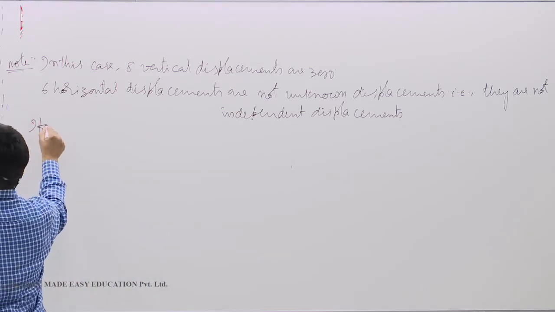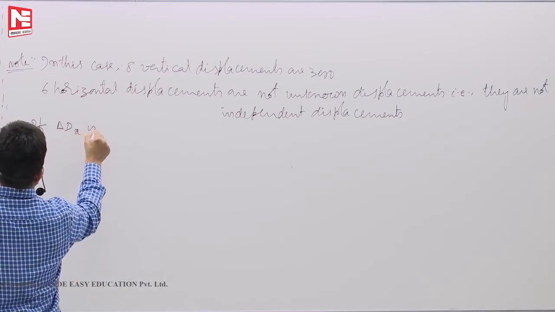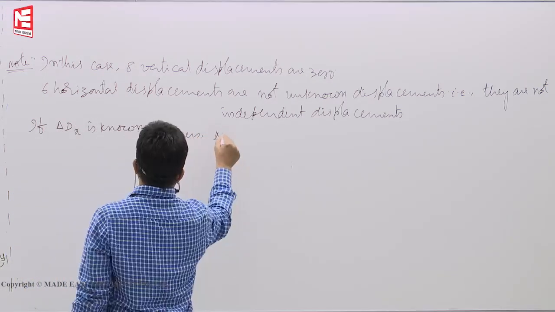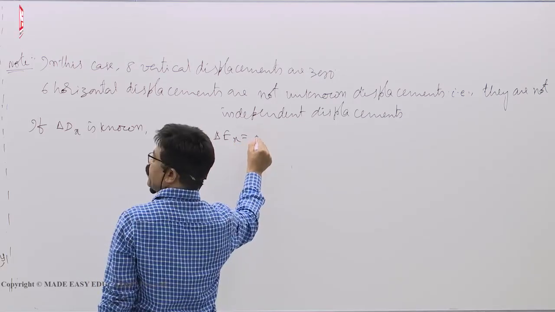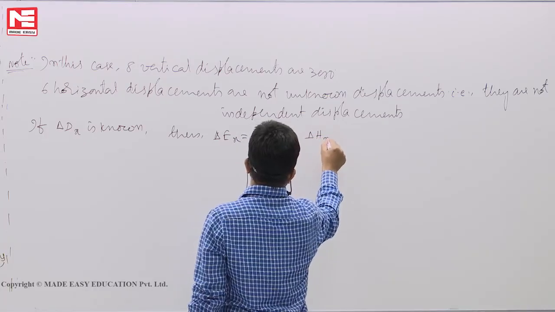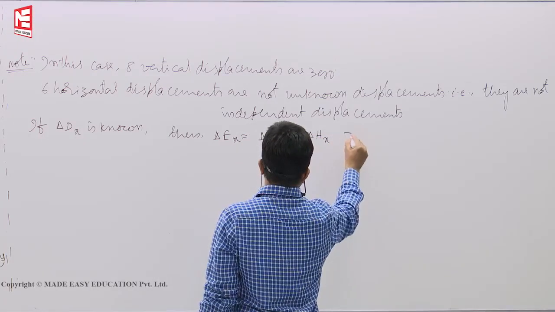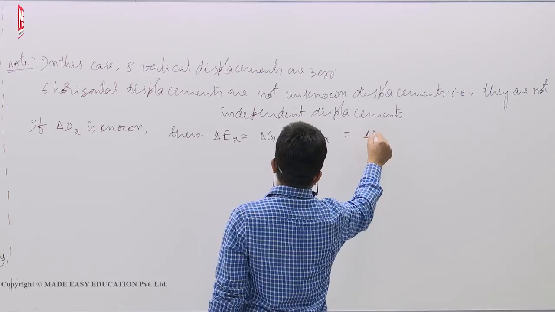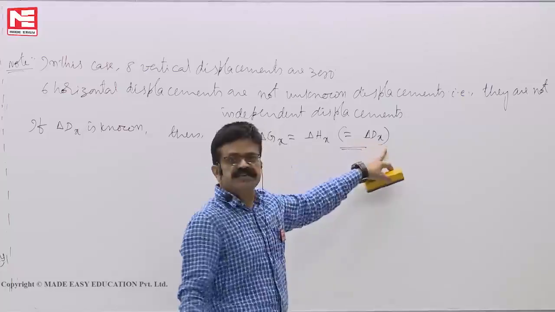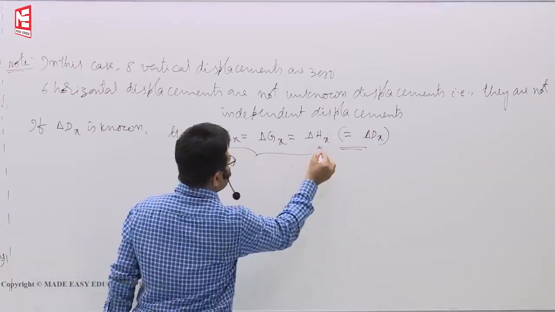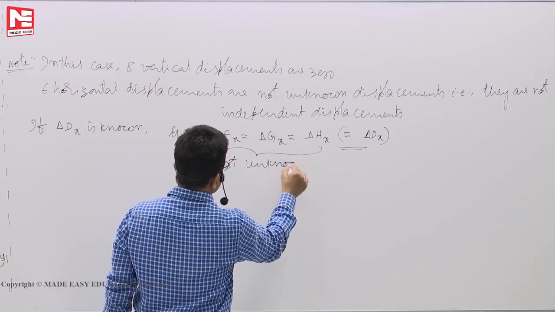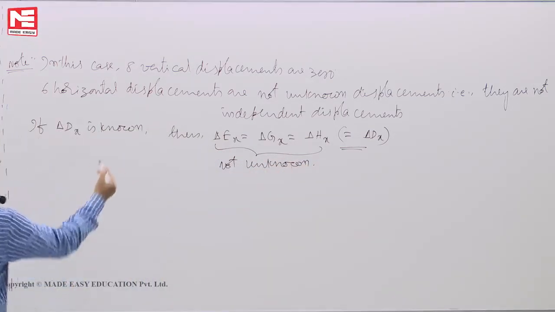If delta dx is known, then delta ex is equal to delta gx is equal to delta hx is equal to delta dx. If delta dx is known, these three values are also equal to delta dx. So these three are not unknowns. So 3 members, 3 displacements.